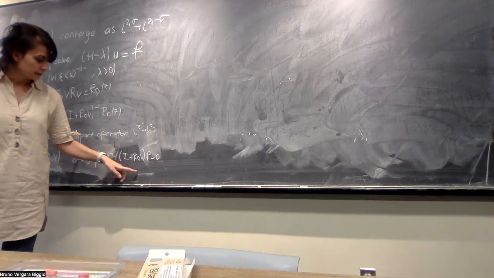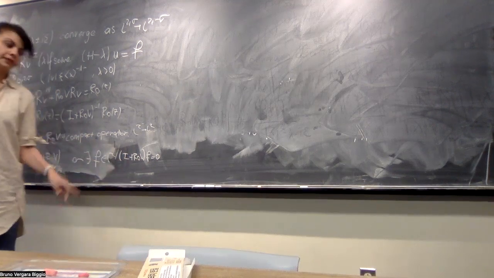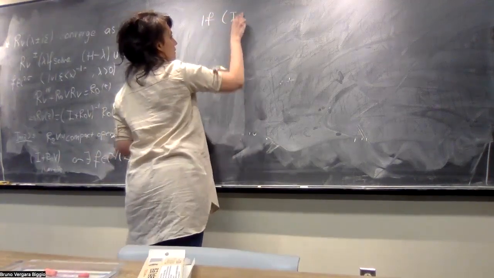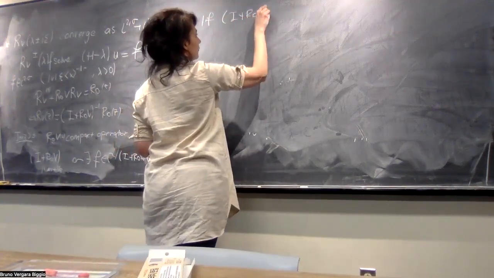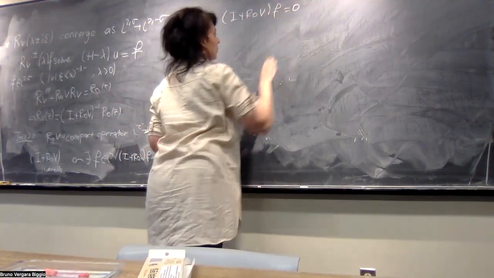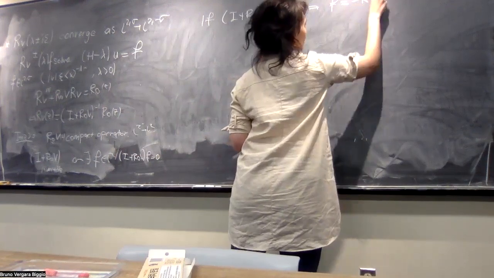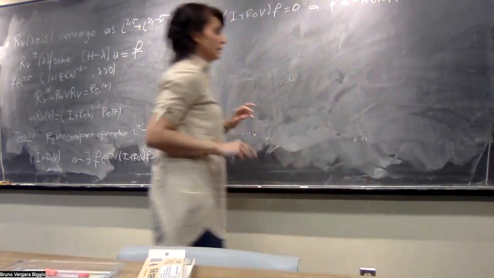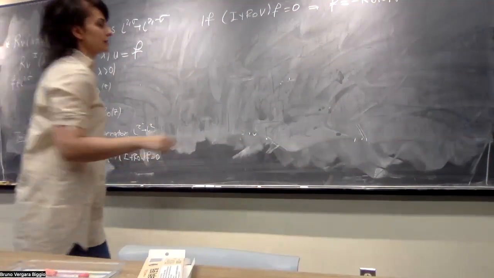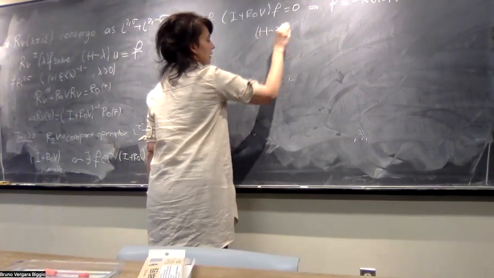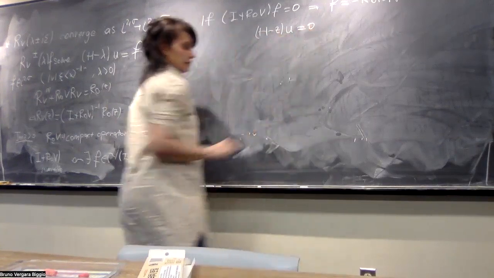So if in particular you have such an F, you see, if I plus R0 B F is 0, in other words, if you can solve your F as negative R0 B F, then this F is going to solve H minus z U is equal to 0.